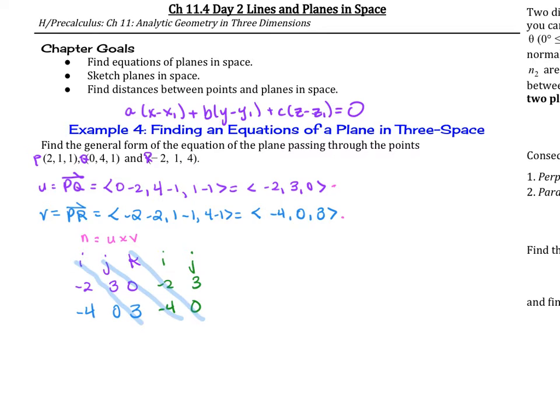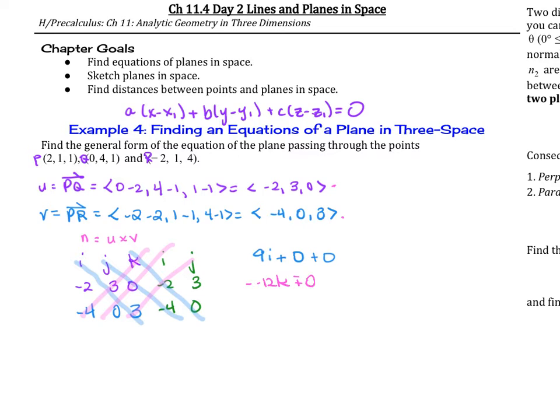So that will be 9i plus j times 0 times negative 4, which is 0, and then k times negative 2 times 0, which is also 0. Then we're going to subtract going up. So this is going to be minus 12k plus 0, or minus 0, same thing.